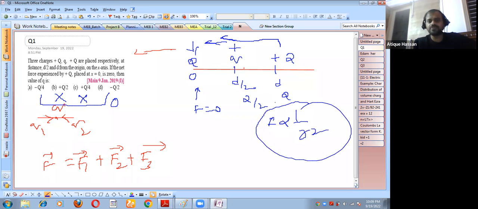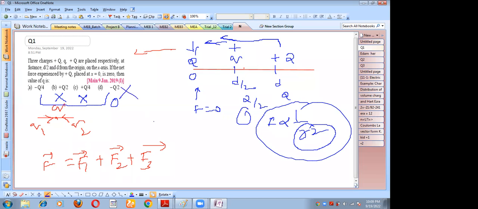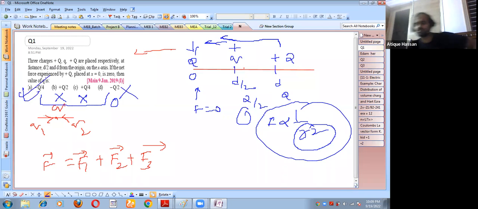If it were linear, then for q by 2 the distance should be d by 2, but here the force varies with the square of distance. Understood what I'm trying to say? So it cannot be q by 2. It should be minus q by 4.